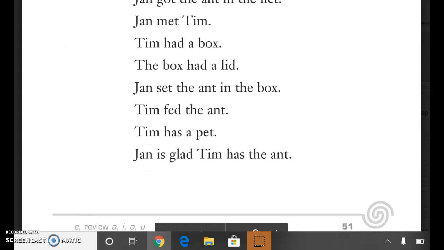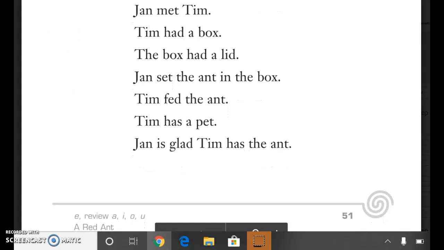Okay, we'll look at the next few sentences here. It says Jan met Tim. So this is another character in the story. We have Jan and Tim. So Jan's the main character, and Tim is another character in the story. So who can tell me what happens next? Let's read.